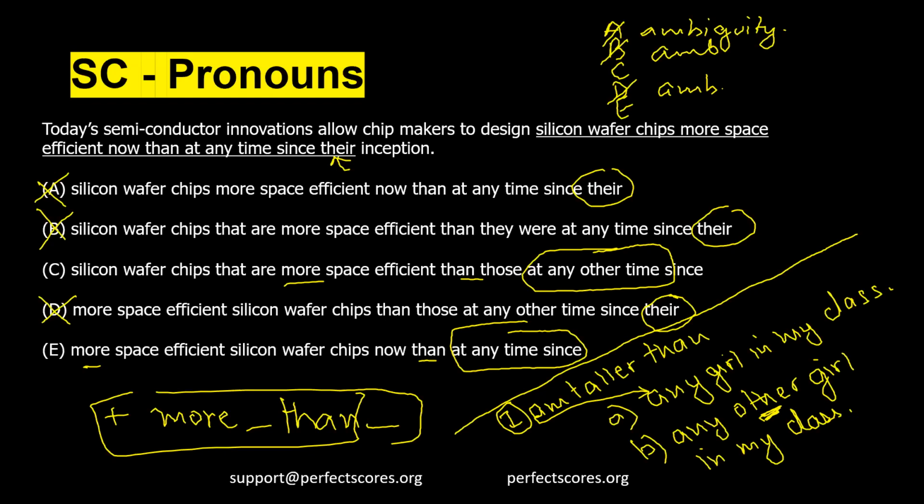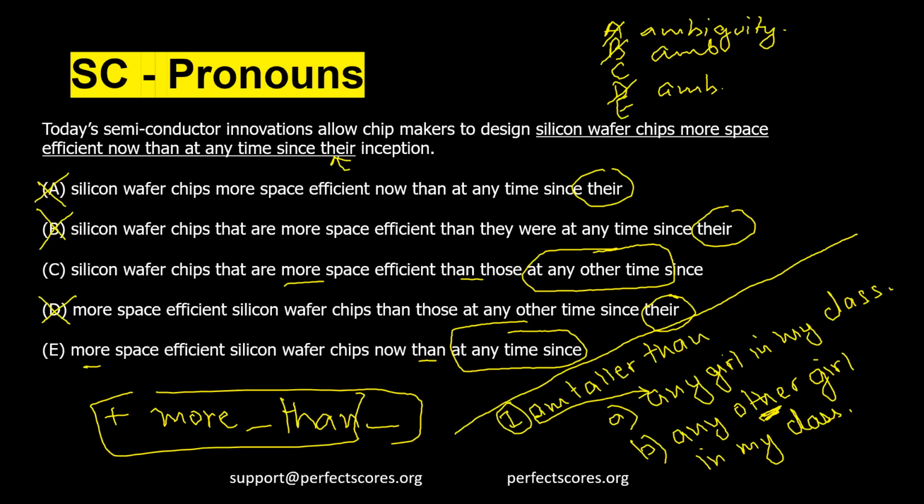Let me take another example. January is colder than any month, versus January is colder than any other month. Now, "other month" is making more sense because you're excluding January and you're talking about the other 11 months. So the same rule applies here.